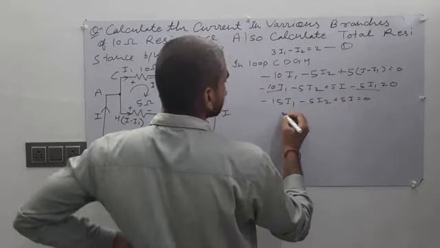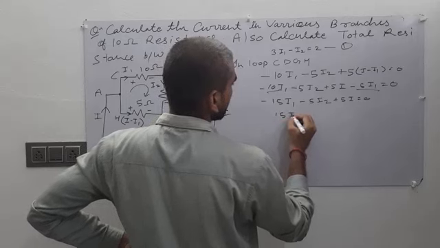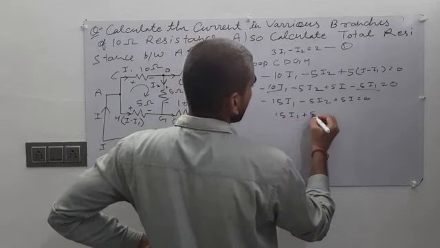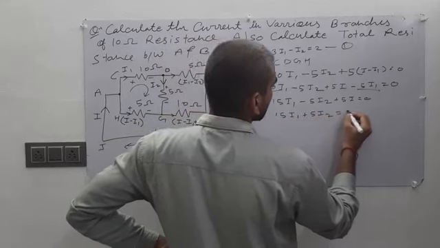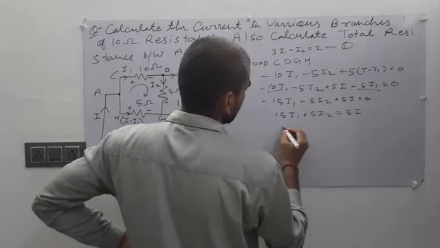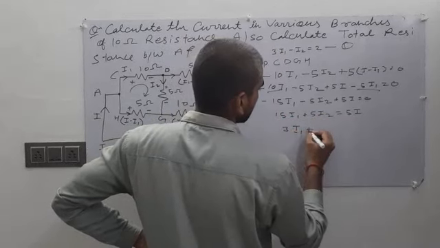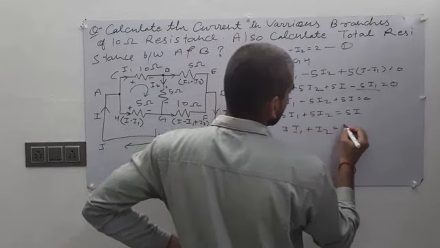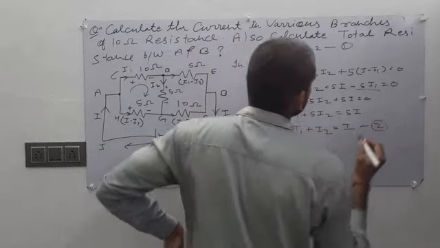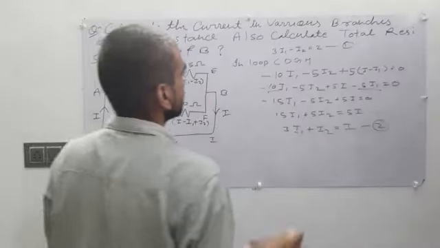That means 15 I1 plus 5 I2 equals 5I, so 3 I1 plus I2 equals I. This is equation number 2.